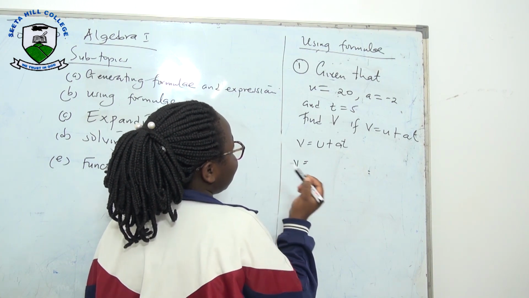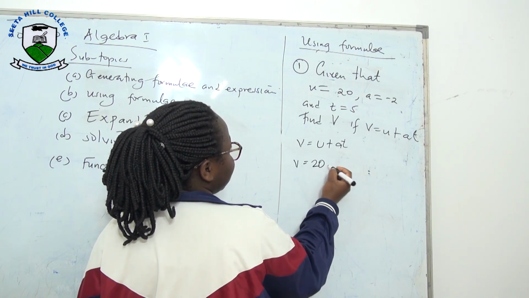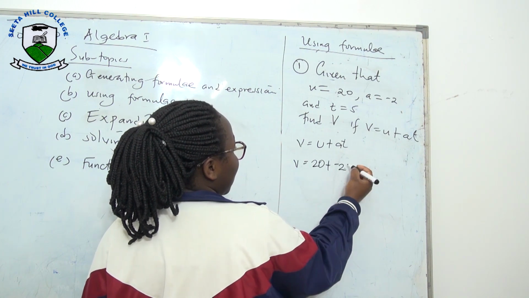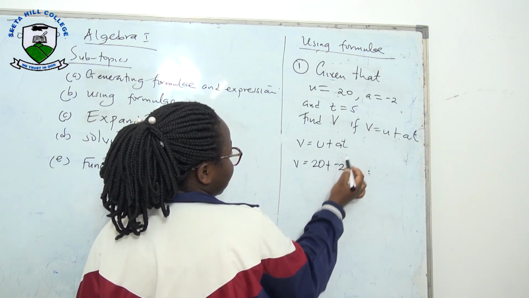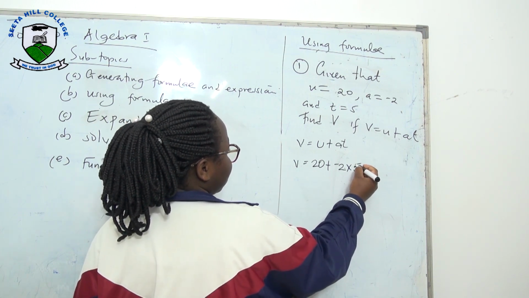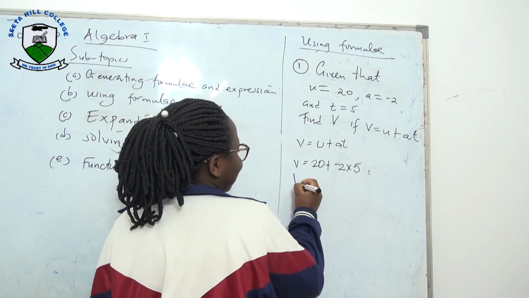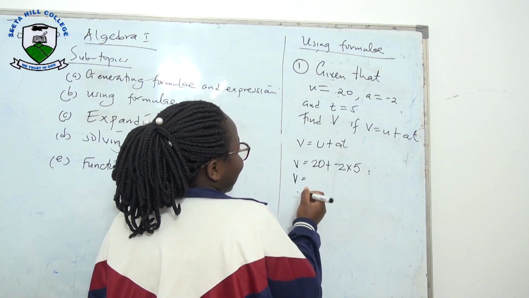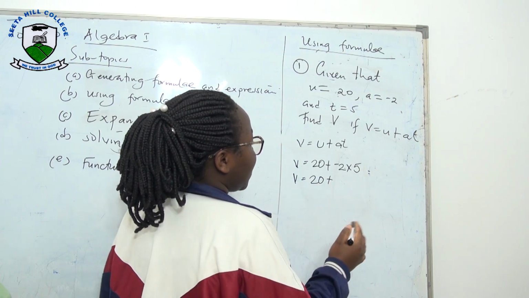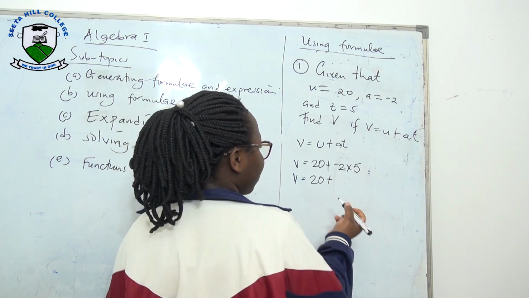Here it says given that U is equal to 20, so the U will stand for the 20 plus A, which is negative 2, times, because between these letters there is a multiplication sign, times 5, which is the T. Then we shall have 20 plus negative 2 times 5, negative 10.